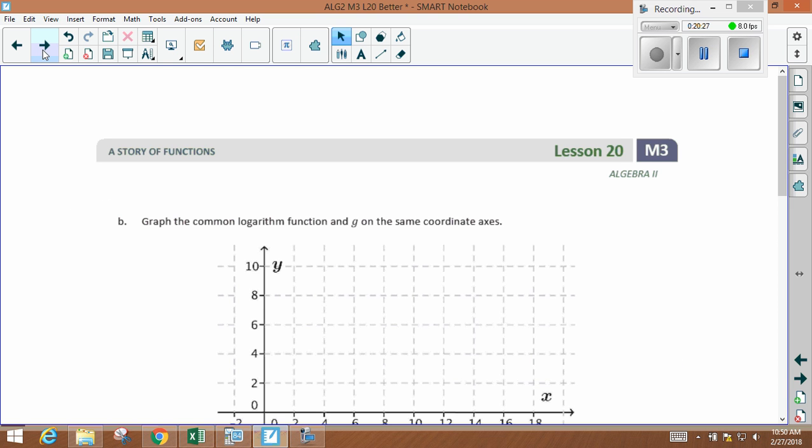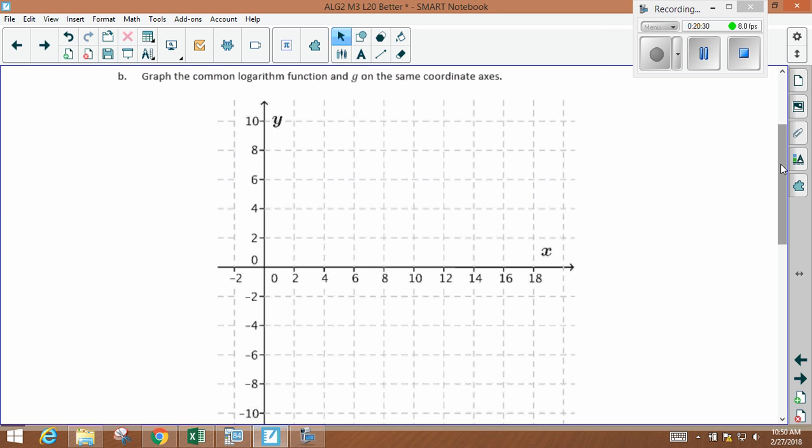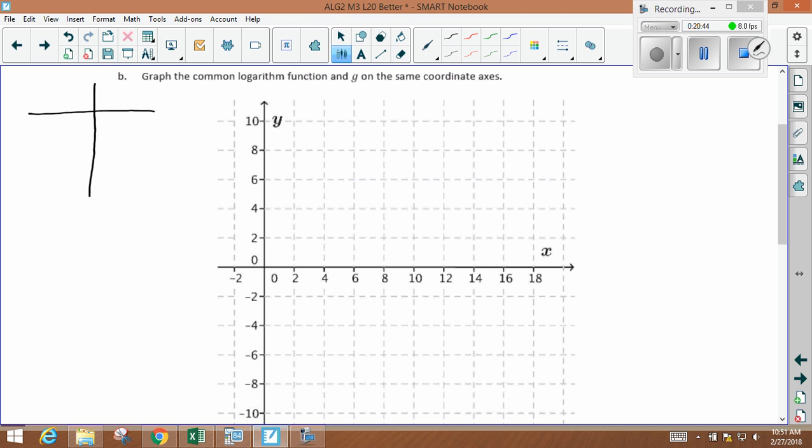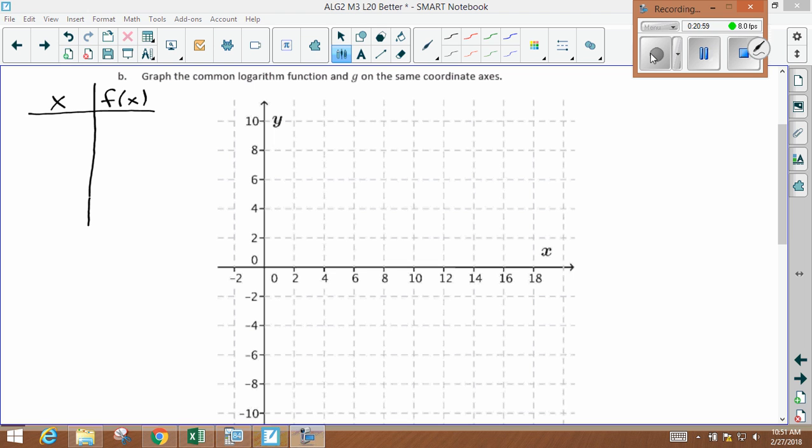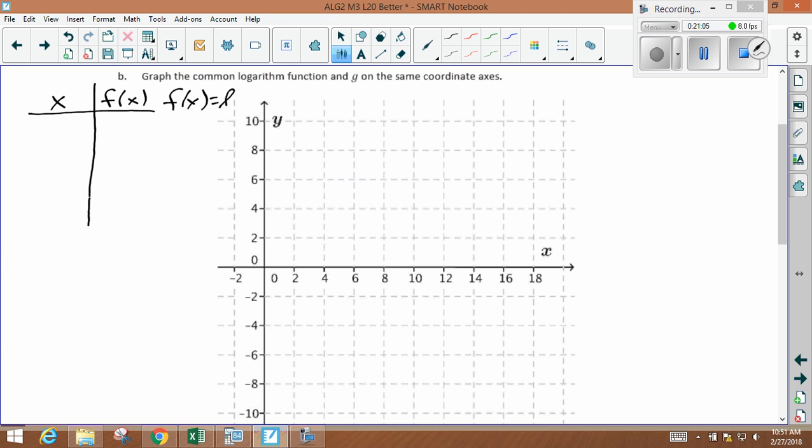Let's actually graph them by hand now, all right? So if f of x is log base 10 of x.